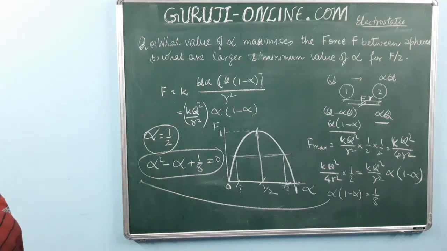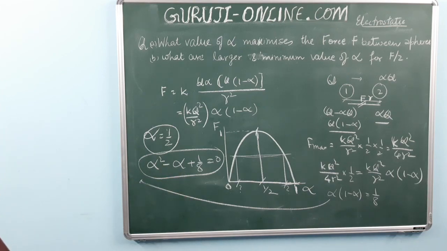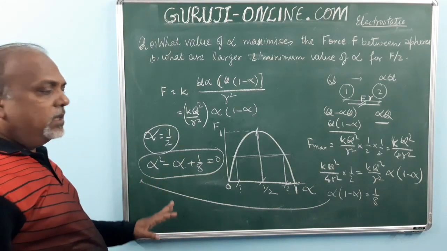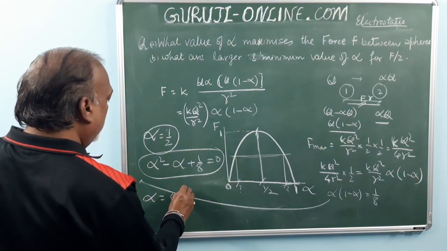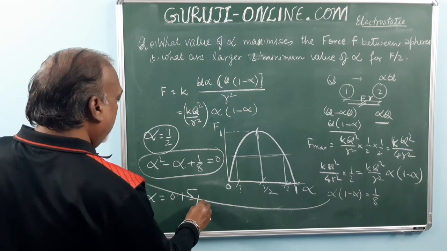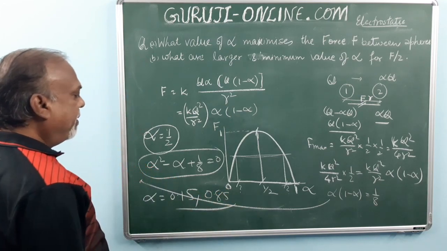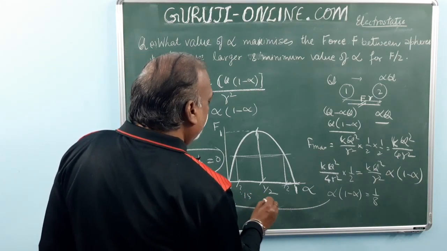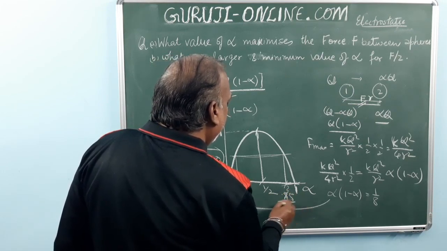From this we can find out the value of alpha by simple algebra, and this alpha will come as 0.15 and 0.85.